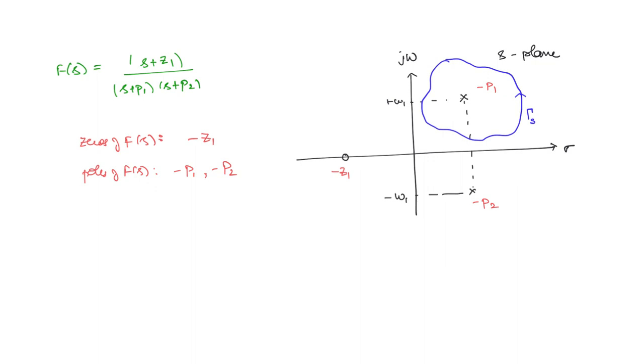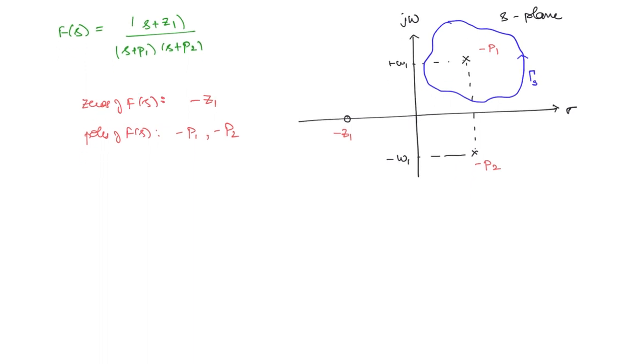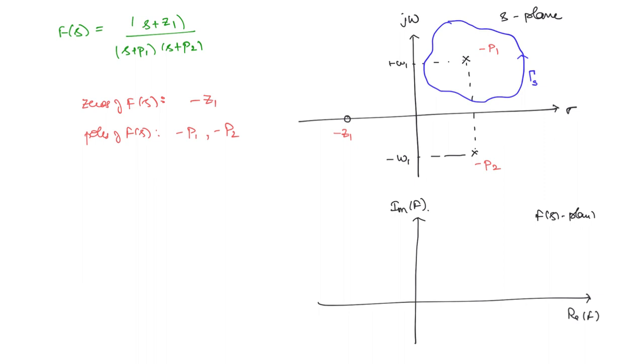What we want to do is map these different values of s onto the f of s plane. If this is the f of s plane, then this axis will be the real part of f and this axis is going to be the imaginary part of f, and this arbitrary path we want to map onto this plane.